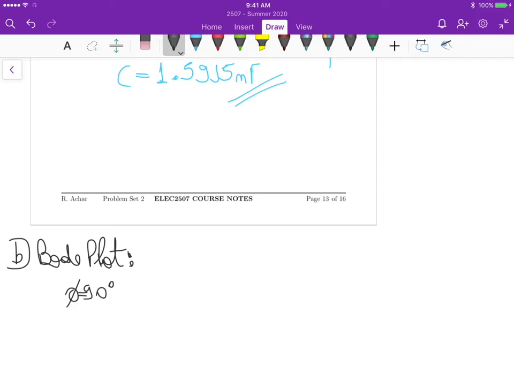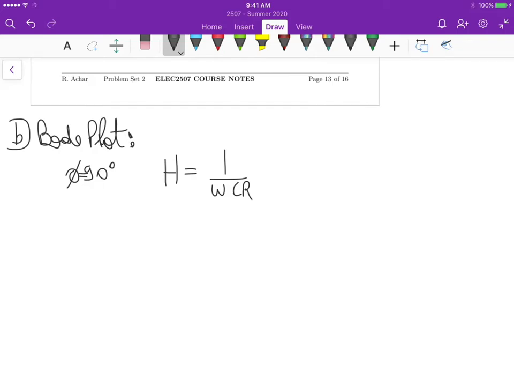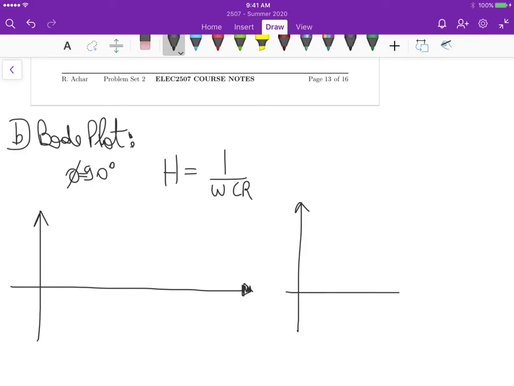And the magnitude of this circuit is equal to 1 over omega CR. So we can plot the magnitude here, and the phase you see stays constant. So here is the phase and the magnitude of j omega in dB.